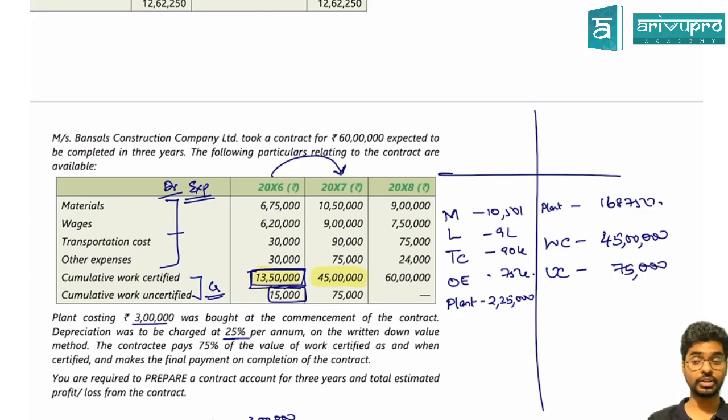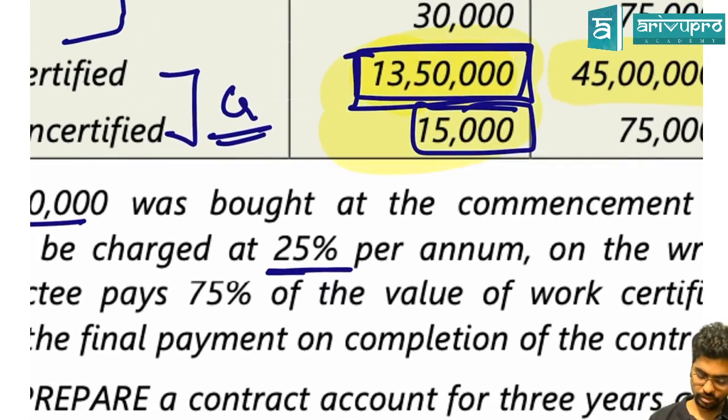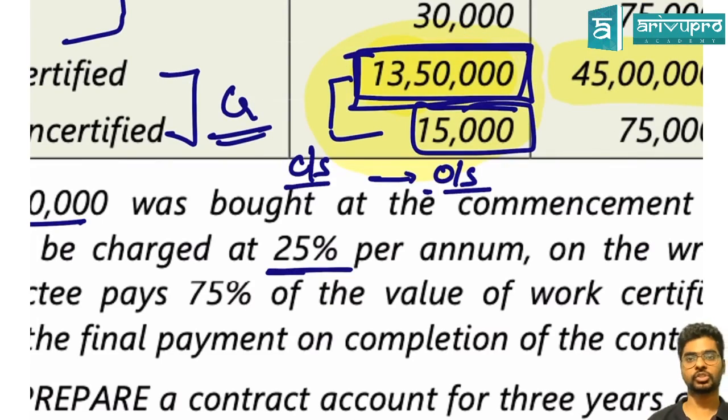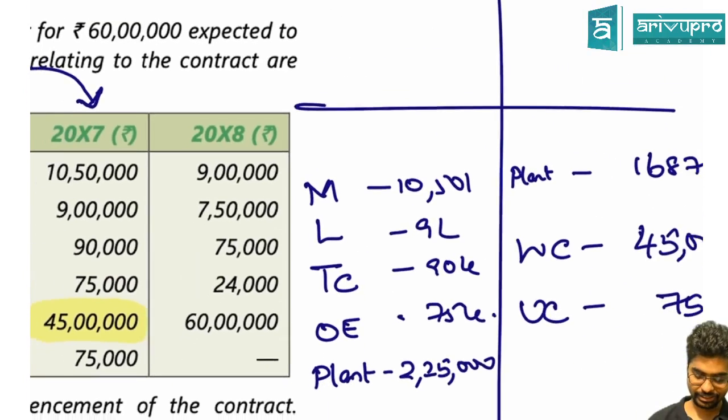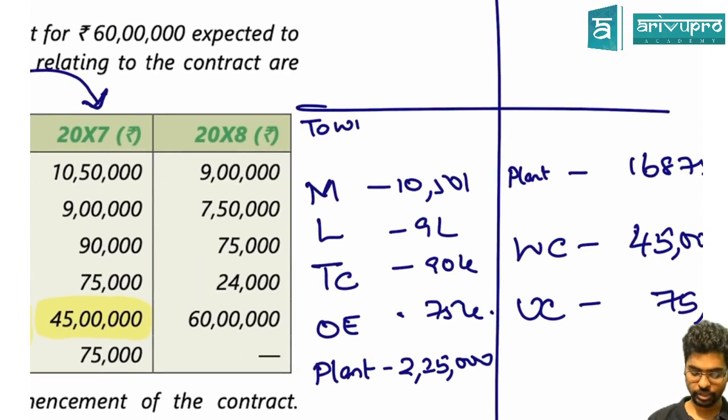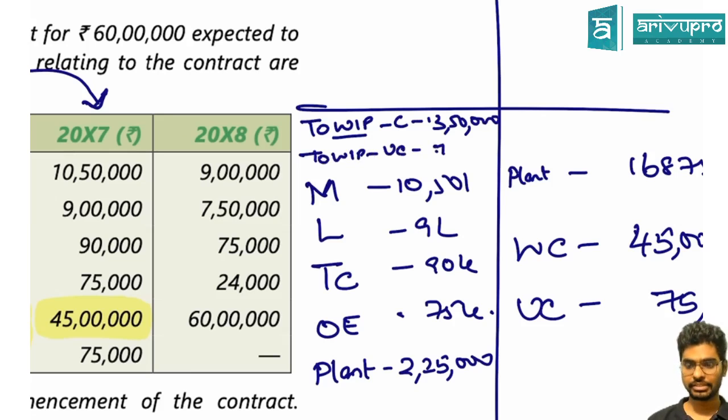Guys, I am trying to teach you the difference, so please, yes or no? Now, what is the difference when it's a continuation is, this portion of last year's value will act as the closing stock. So this year it will become my opening stock. So here I will write to WIP certified portion 13,50,000, to WIP uncertified portion 15,000.